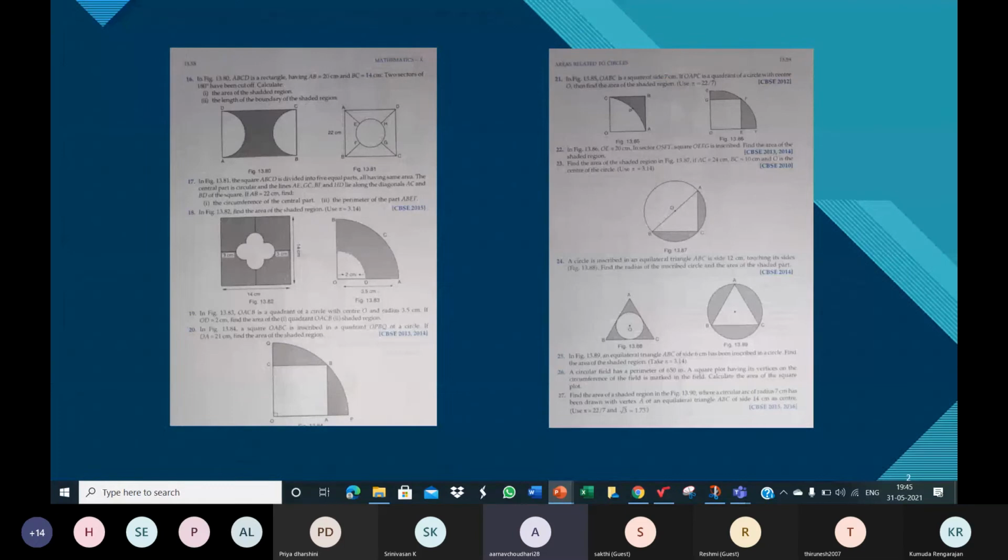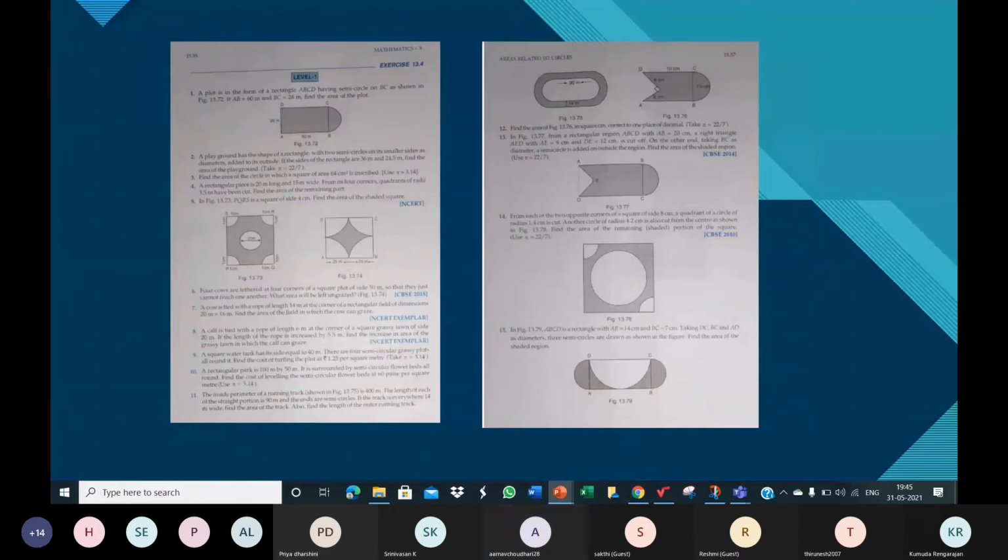Ma'am, length of outer track is 488. Are we all getting that?